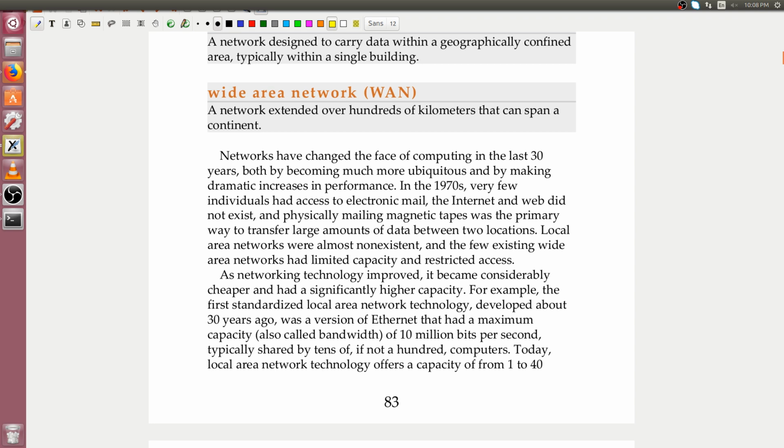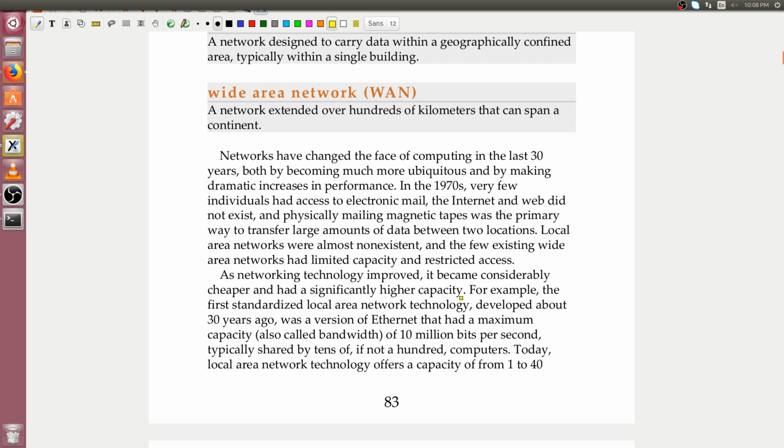There are so many really cool things that you find out once you start getting into computer architecture. And when you get to computer networks, the amount of infrastructure that's been built is amazing. As networking technology improved, it became considerably cheaper to move data and had significantly higher capacity.